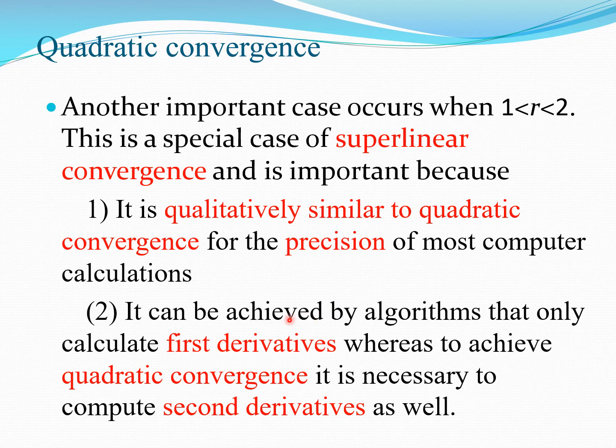And also, well, I should say superlinear convergence can be obtained by algorithms using only the first derivative. Whereas if you want to obtain quadratic convergence, you need to calculate the second derivative also, which in a multidimensional function would become the Hessian matrix. So essentially you can get superlinear convergence with gradient based methods, but quadratic convergence would require you to use the second derivative matrix also.